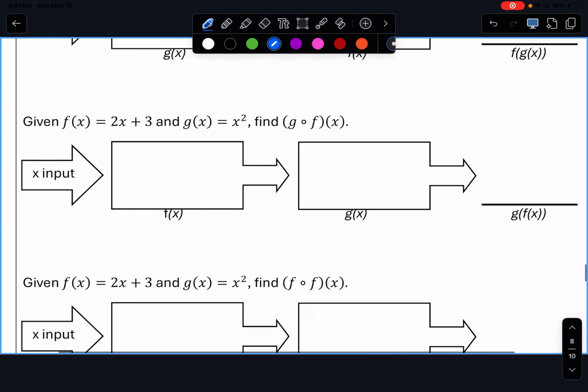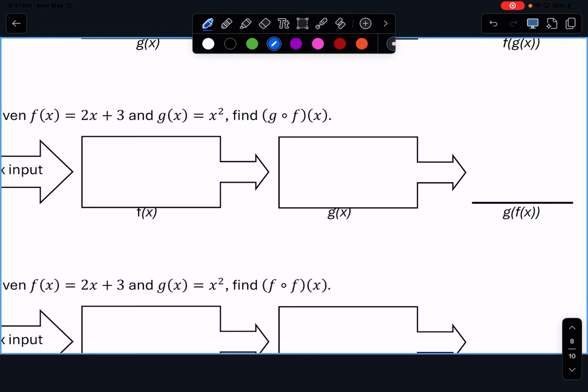Now, for this next one, we are doing g of f of x. That means we're going to do g, and then plug in f. So I'm plugging in f of x. What's the function f of x? 2x plus 3. We're plugging it into the function x squared.